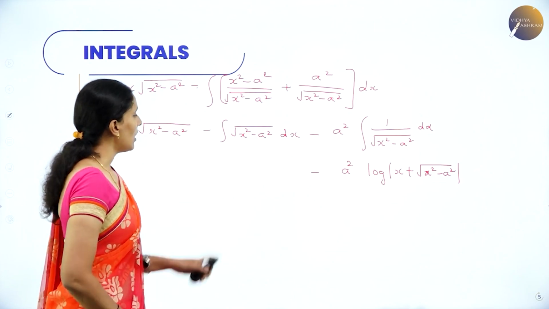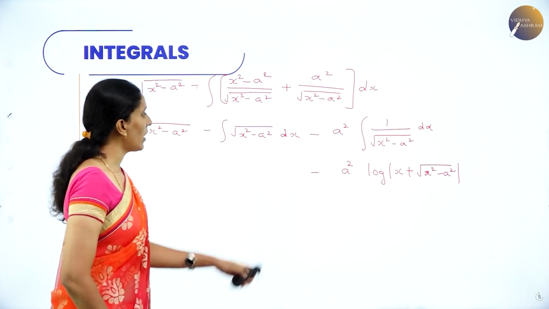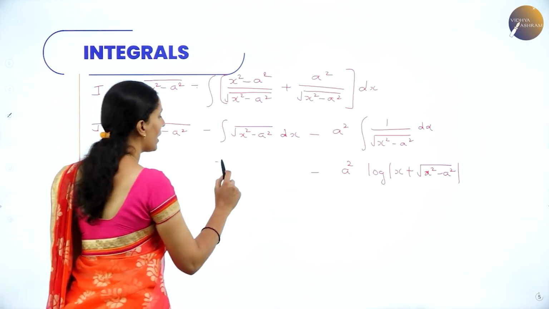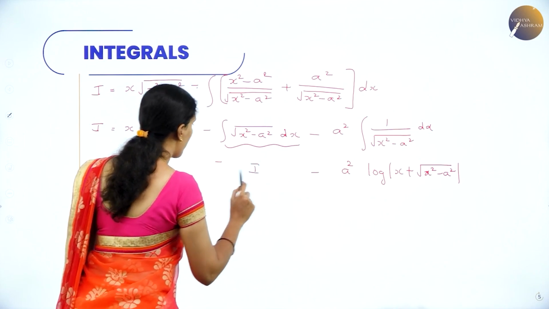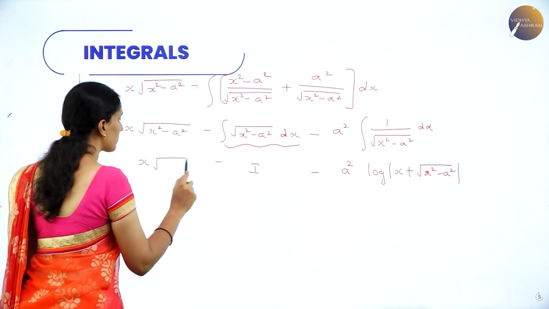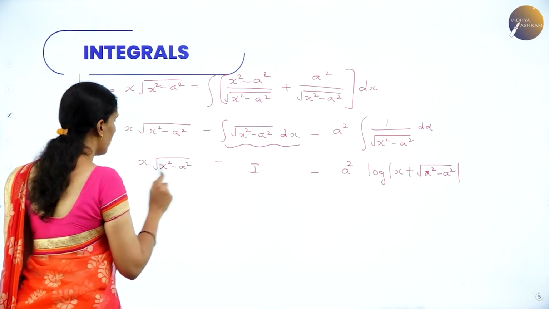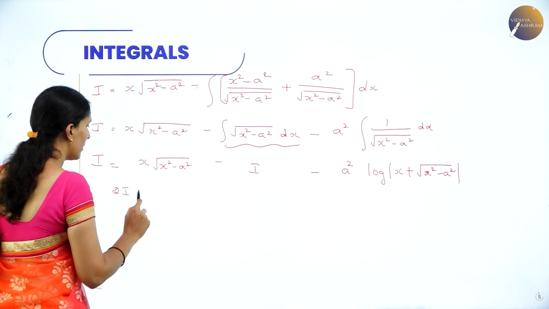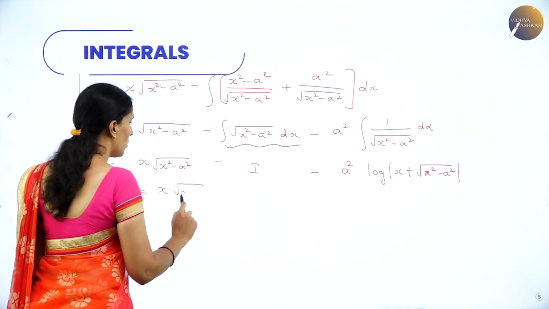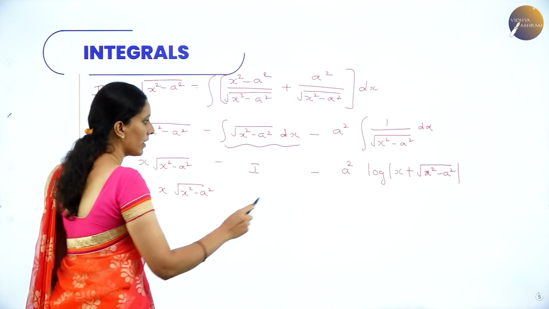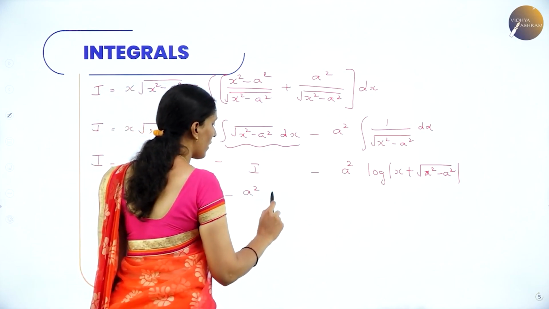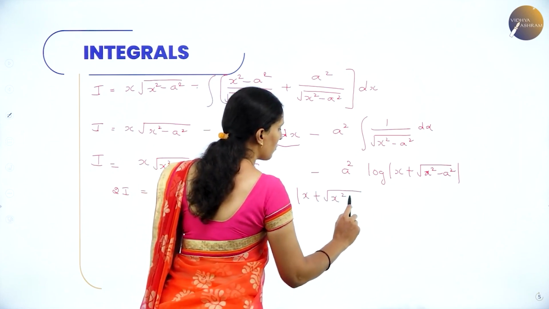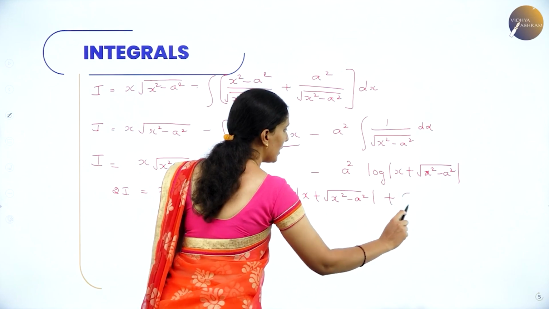Next here, look here, root of x square minus a square dx. Initially we have taken it as I. So therefore, here I will write this as I. And here it is as it is. Here we have I. When you shift I here, this becomes 2I is equal to x into root of x square minus a square, and here we have minus a square log of modulus x plus root of x square minus a square plus integration constant.